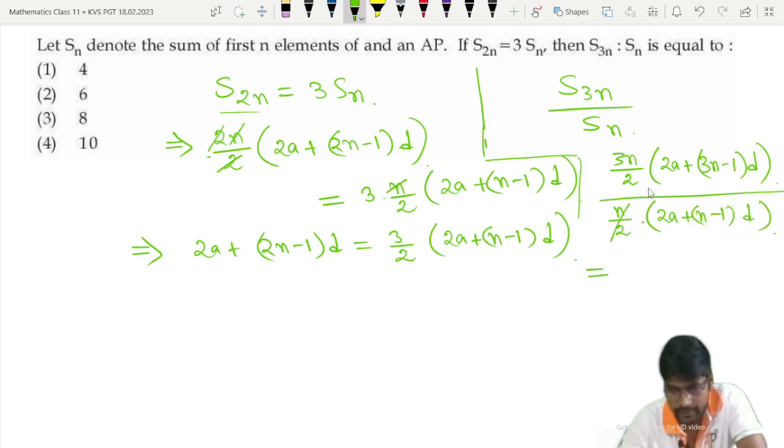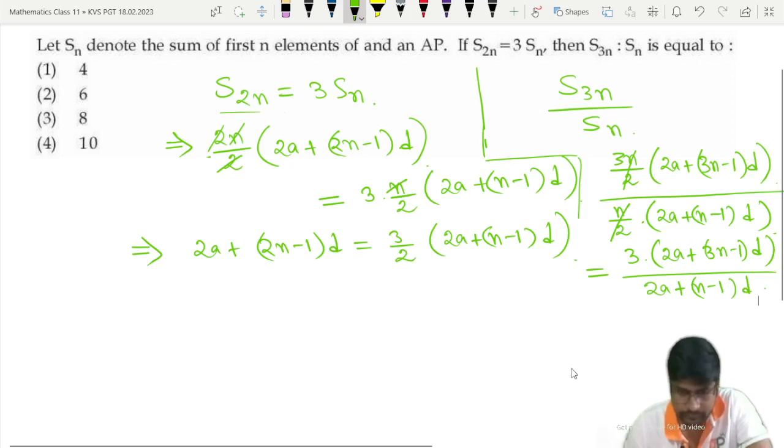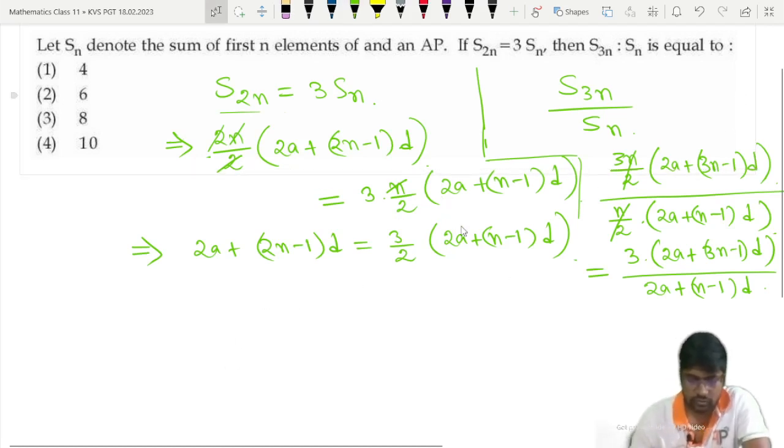So anyway, n by 2 will be cancelled, and this will give us 3 into 2a plus 3n minus 1 into d divided by 2a plus n minus 1 into d. So this quantity we have to find.